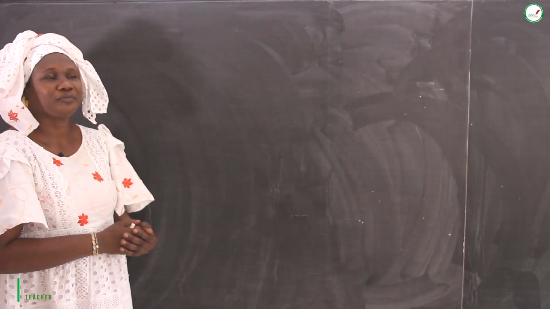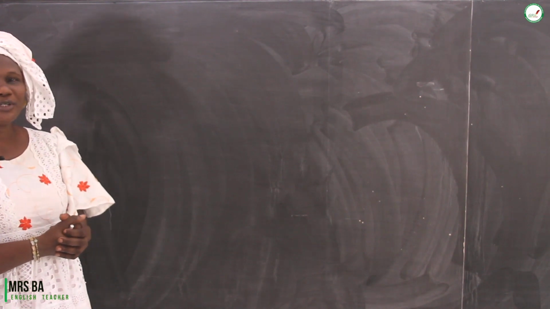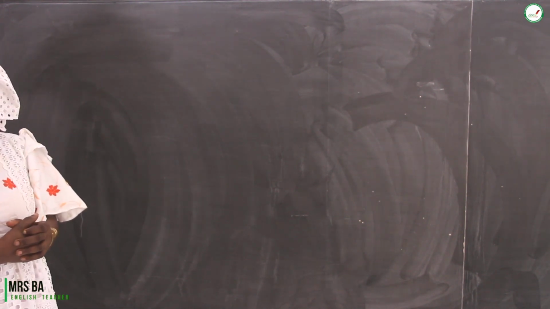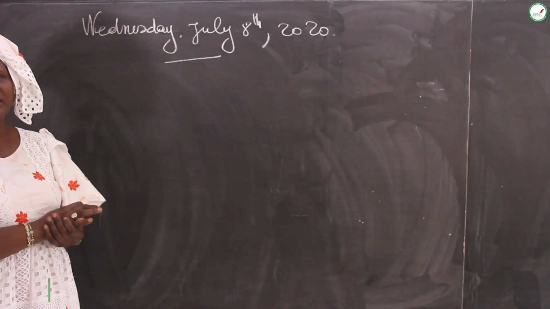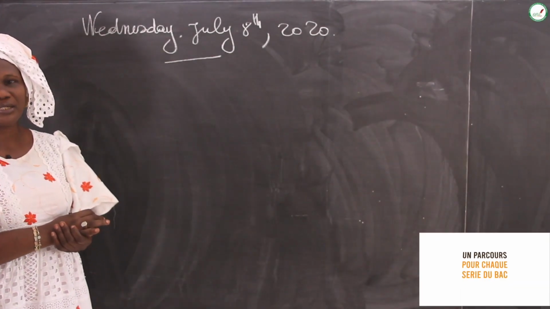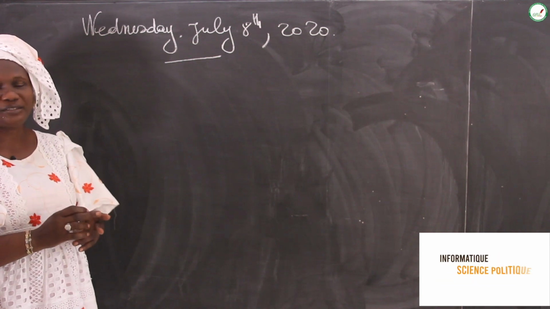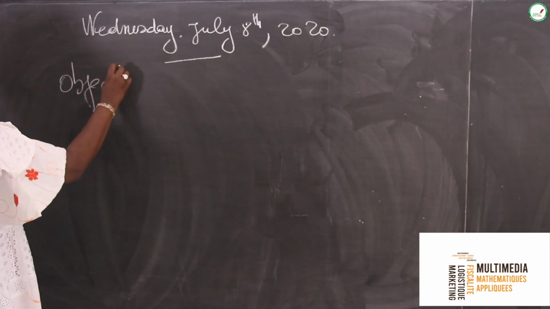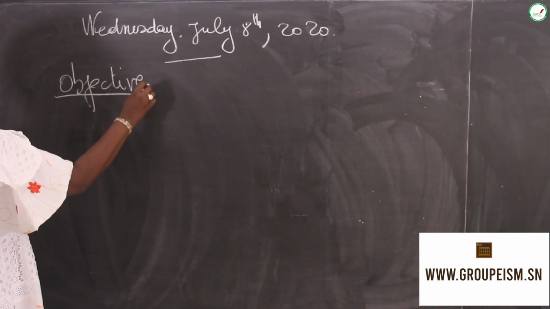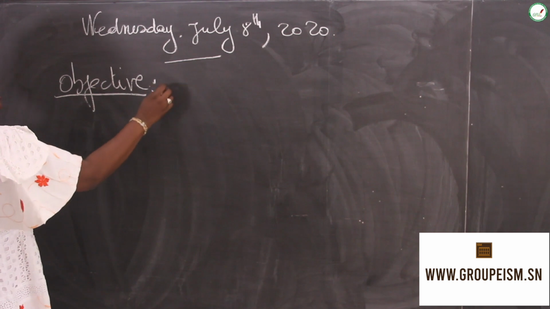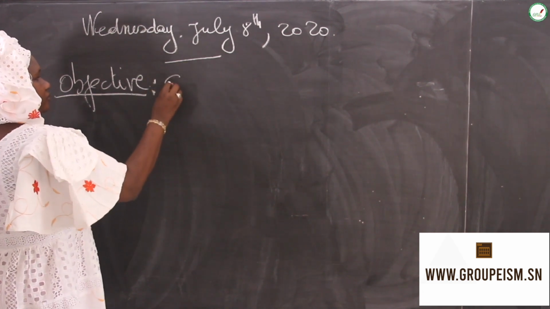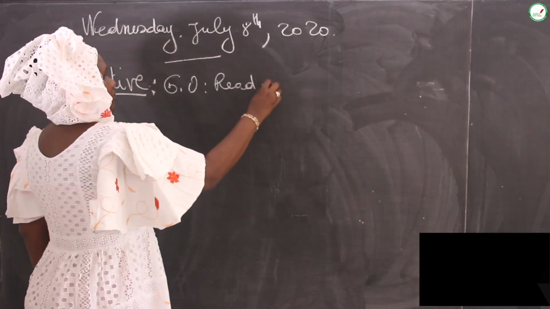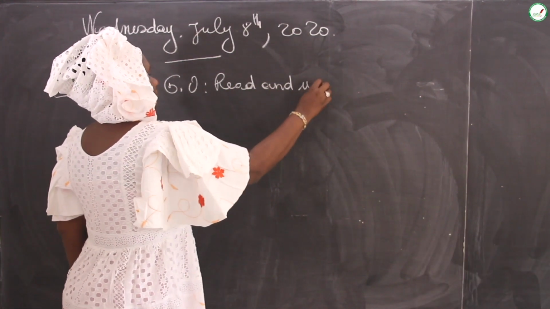In class, today we are going to talk about ICT, and in particular about the objective of our lesson. We are going to have two objectives. The general objective is to read and understand a text.